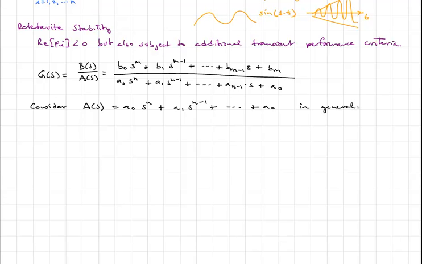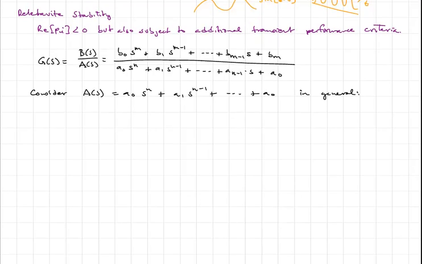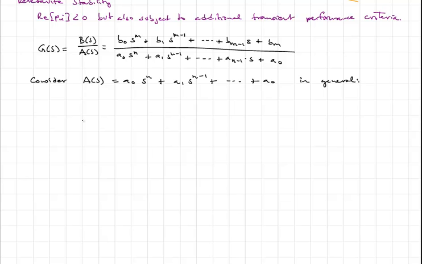Specifically, we'll look at a couple examples now before we present the technique formally. So notice if we have a polynomial A of s that has roots at minus 1 and minus 2, if we expand this, we'll get s squared plus 3s plus 2.